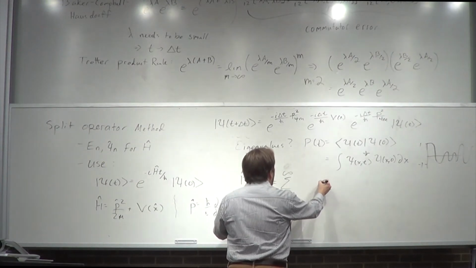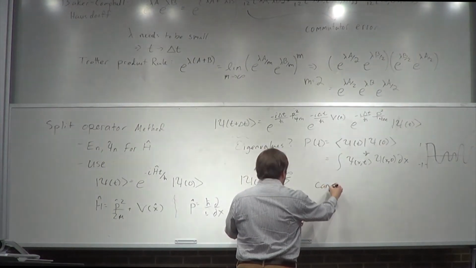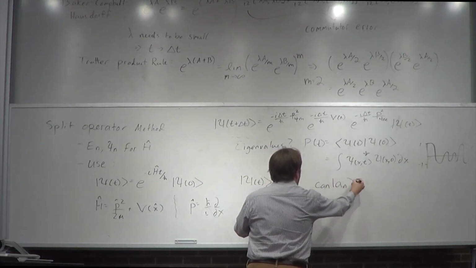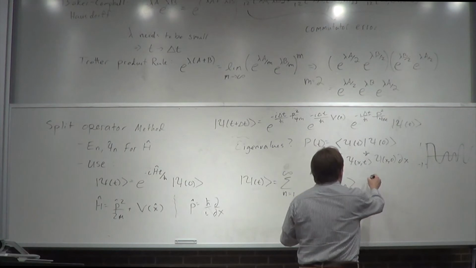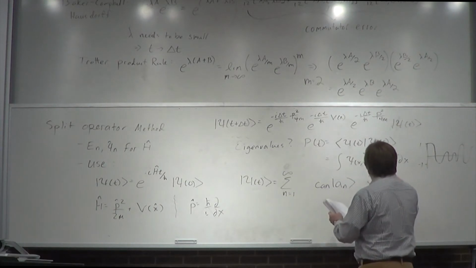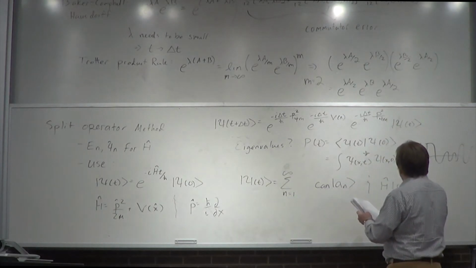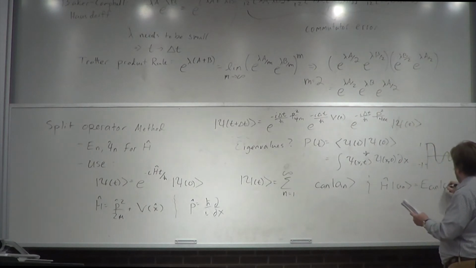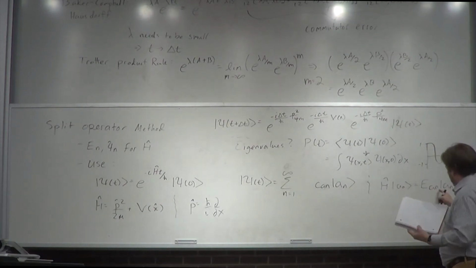So I'm going to have some weighting factor times the eigenket, where of course the Hamiltonian operator operating on that eigenket satisfies the eigenvalue equation.